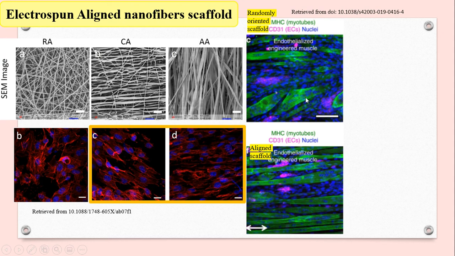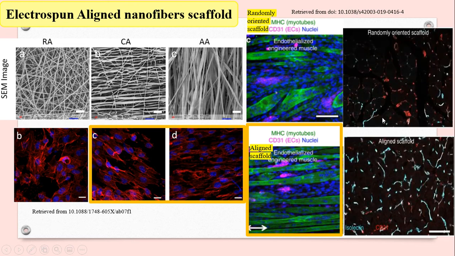It showed that more endothelial cells were attracted to the aligned scaffolds compared to the randomly oriented scaffold. The purple color shows endothelial cells. I mean, the purple color shows CD3. I forgot. Sorry.